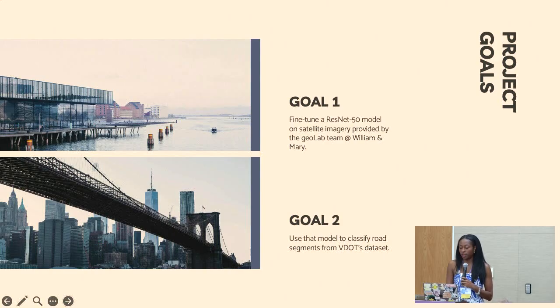It has over 14 million labeled images. So with a pre-trained model on ImageNet, we can fine-tune it to specific tasks. And in this case, our specific task is to classify road conditions. And that's the beauty of transfer learning. You don't have to start from scratch. You can use something and build on top of it.